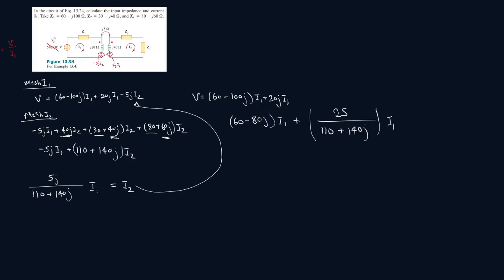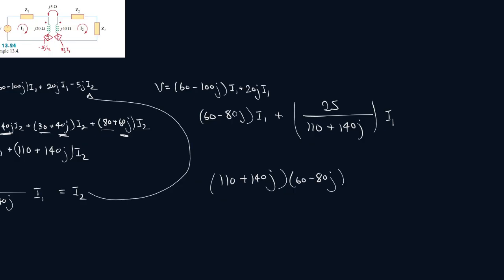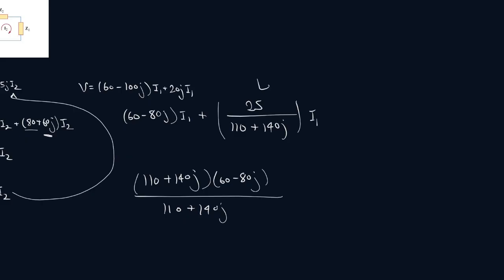I think we can multiply this side by 110 plus 140J, so it'll be the following. And that way we can add to this one. And remember, this is I1 here. So then we will just add 25 I1 here as well.